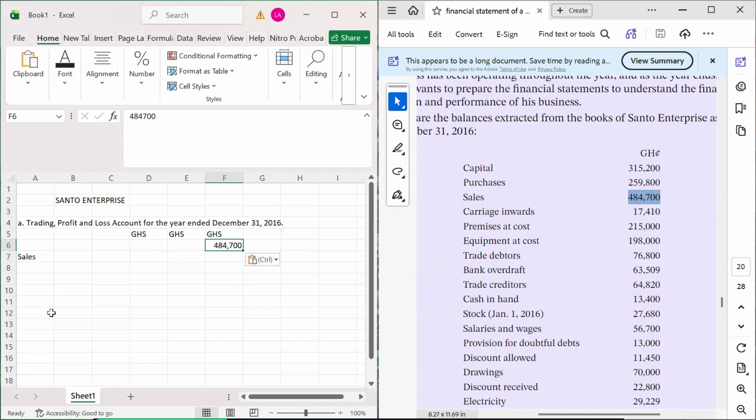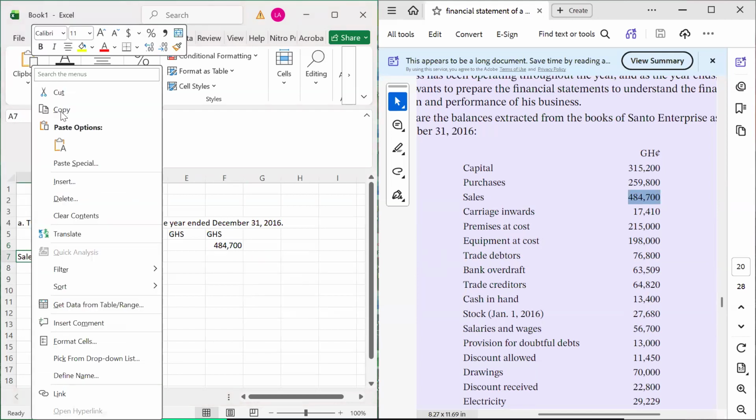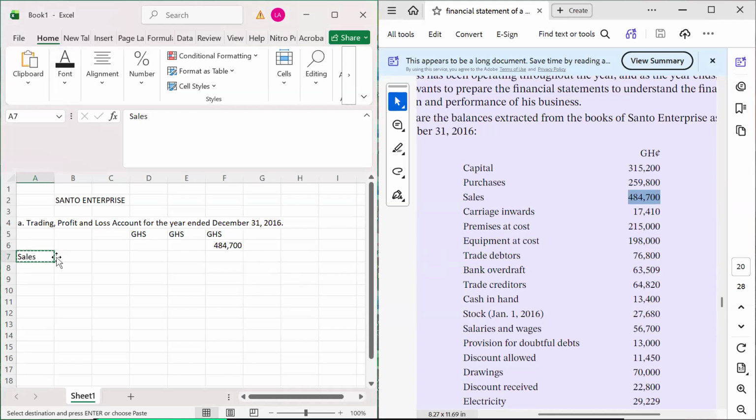Now, after the sales, what else affects the sales? It is when there is a return. And then you ask yourself, what type of return? You sell to people. Which return will affect it? It is the return inwards.